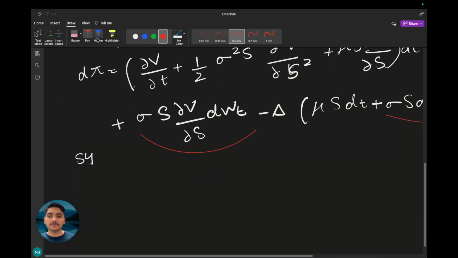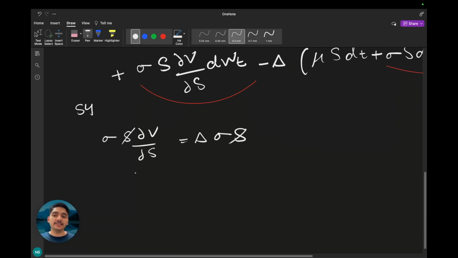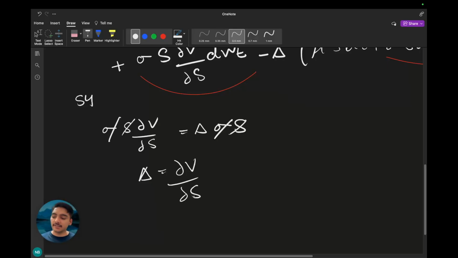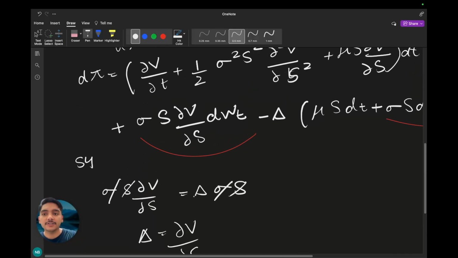So sigma S times the partial derivative of V with respect to S equals delta times sigma S, and the S terms cancel out. So the hedge ratio, delta, becomes the partial derivative of V with respect to S. We will substitute this back into our previous equation from step 3.